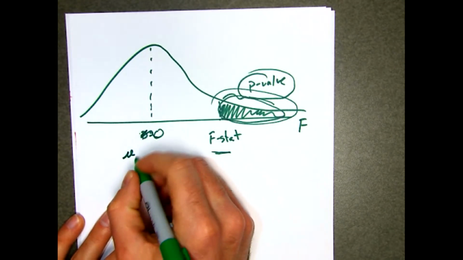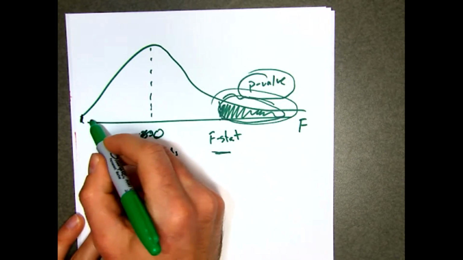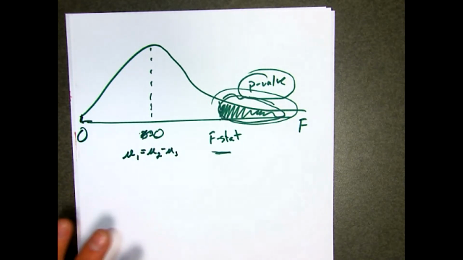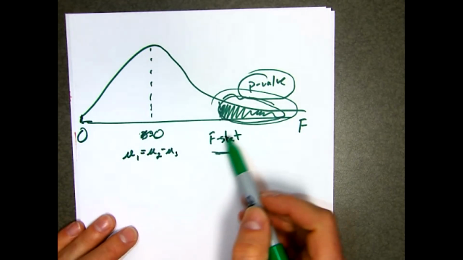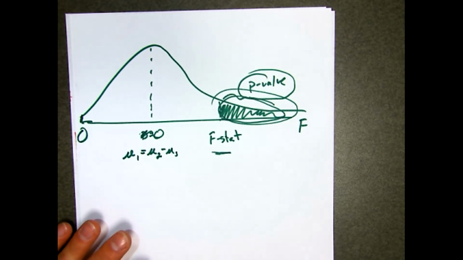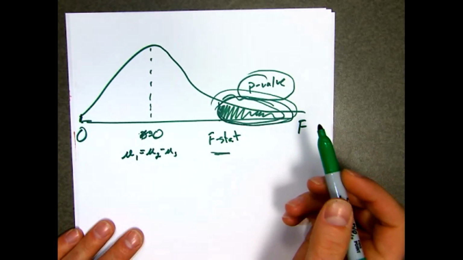It's that this is the point where all these are equal to each other, and the lowest we could ever actually see is 0. So the F distribution is censored at 0. This is called ANOVA, analysis of variance, and we know that the variance across all these groups has to be 0 or positive. So we're always going to come up with a test statistic that's 0 or above. It's constructed this way because anytime you're using the F distribution, you're really only concerned with that right tail.